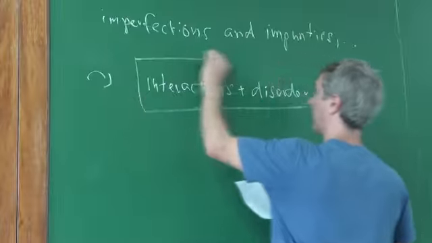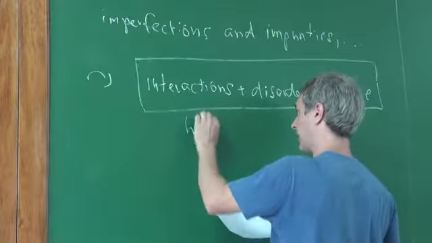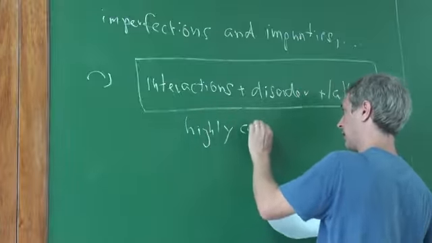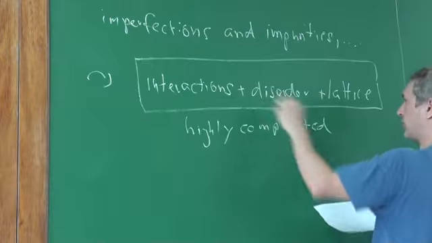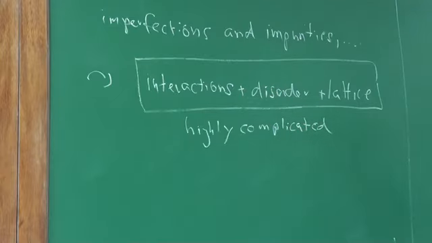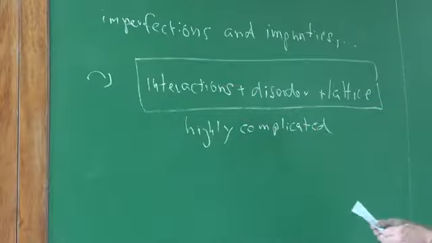One has different sources which make the problem highly complicated. We will not try to address all of the problems simultaneously, but we will consider just a set, mainly now first the interacting part.